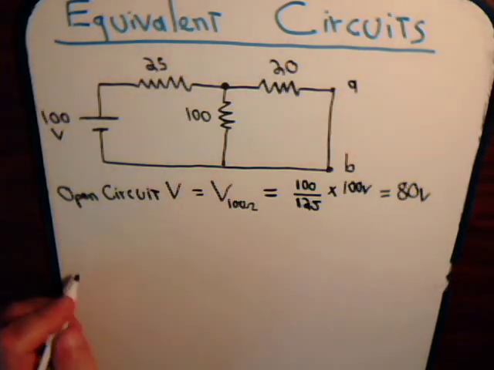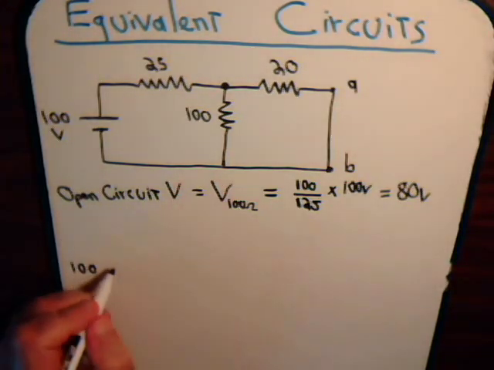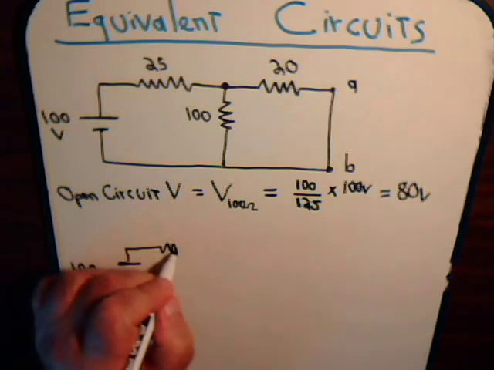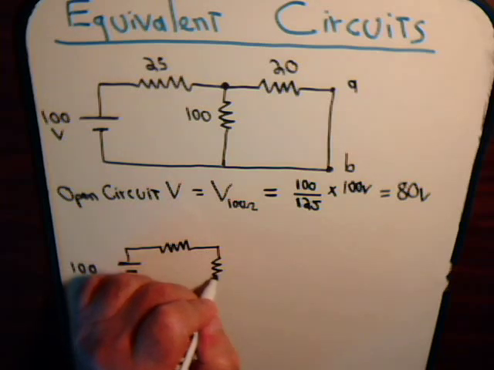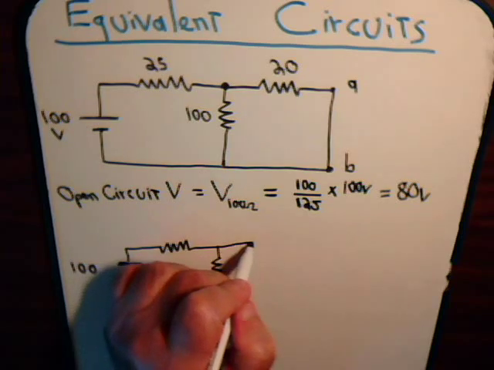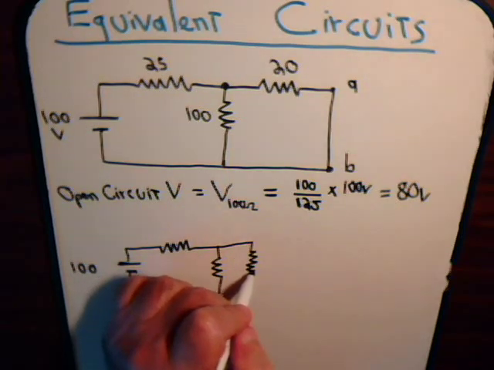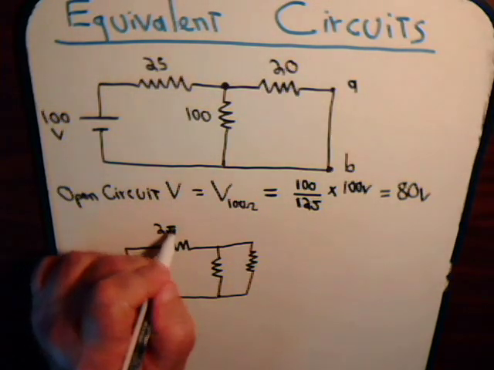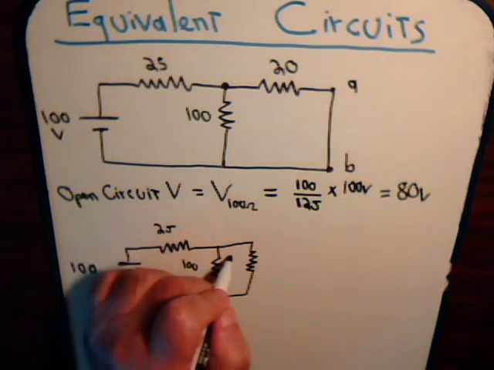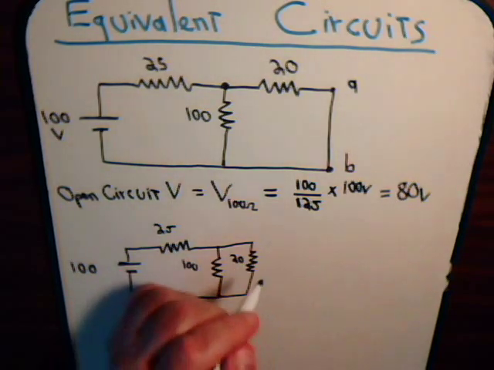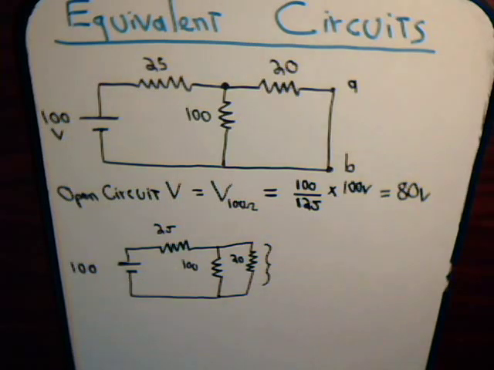So let's just redraw this. We have the battery, the 25 ohm resistor, the 100 ohm resistor, and then in parallel to that we have the 20 ohm resistor, and what we want to know is the current across this 20 ohm resistor.